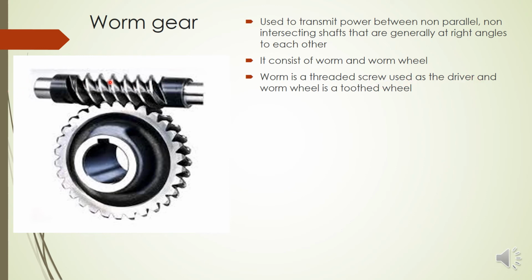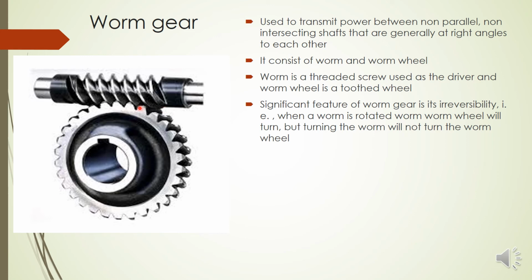So the worm resembles a threaded screw, and it will be connected to the driver shaft. And the worm wheel looks like an ordinary spur gear. So it consists of these two gears. One is a worm, which looks like a threaded screw. Another one is the worm wheel, which is simply another spur gear.